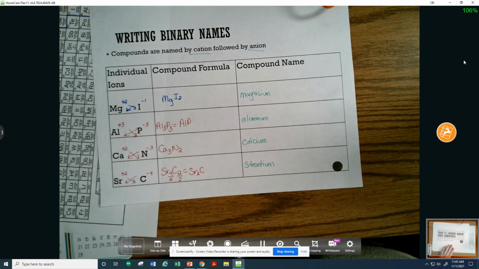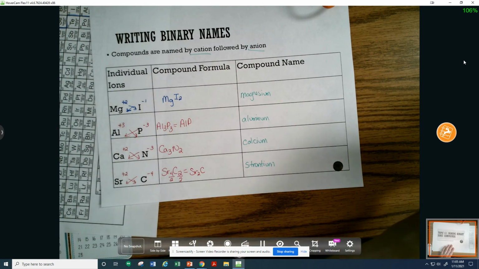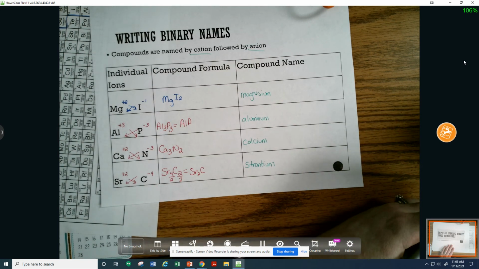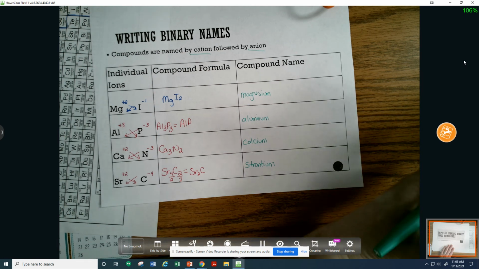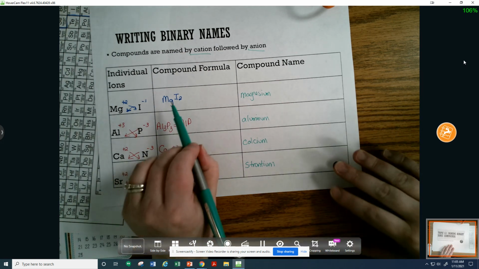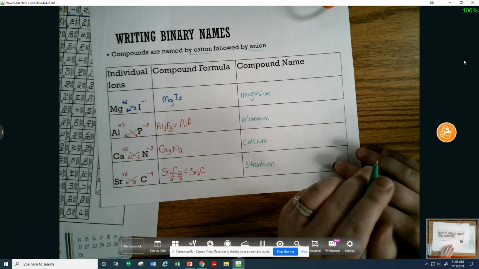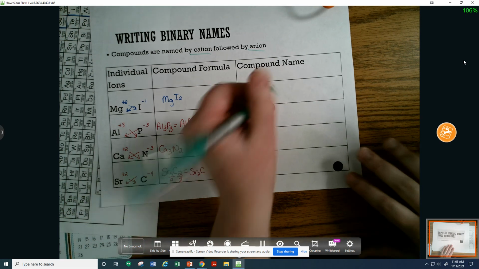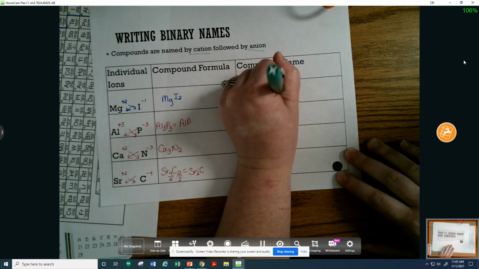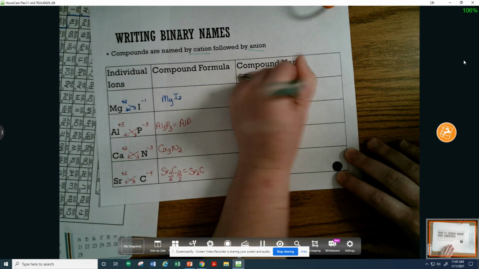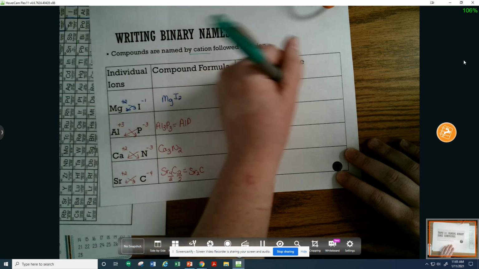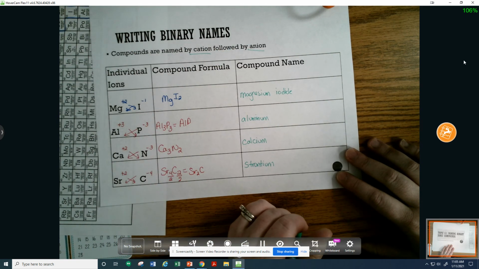So the part that is important is the anion is what's named second, and because it's in a formula, this is where we do our "ide" ending. So we know that our anion here is iodine. To indicate that it's in a compound, we change it from iodine to iodide. So if you see MgI2, we have magnesium iodide.